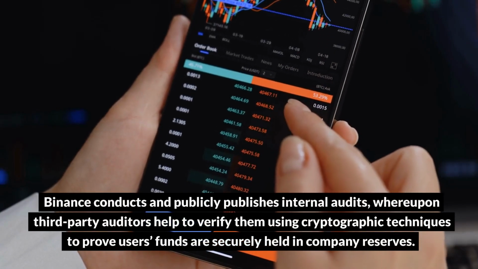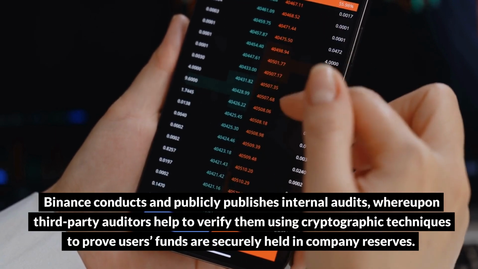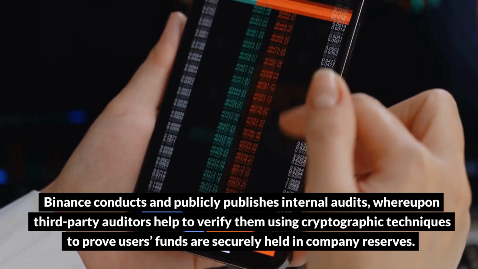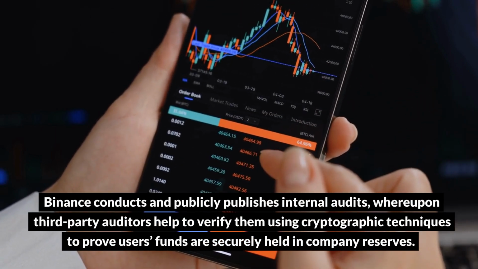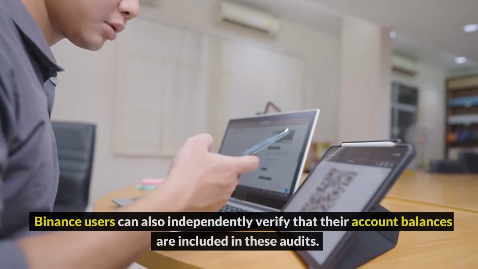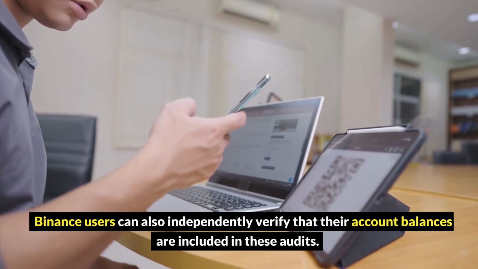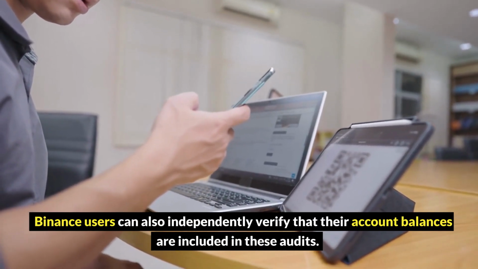Binance conducts and publicly publishes internal audits, whereupon third-party auditors help to verify them using cryptographic techniques to prove users' funds are securely held in company reserves. Binance users can also independently verify that their account balances are included in these audits.